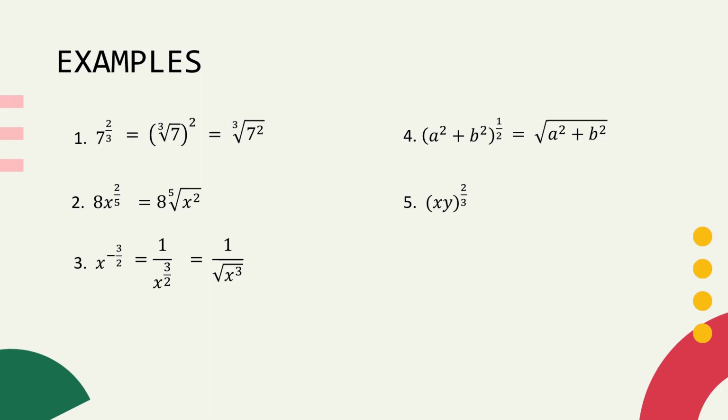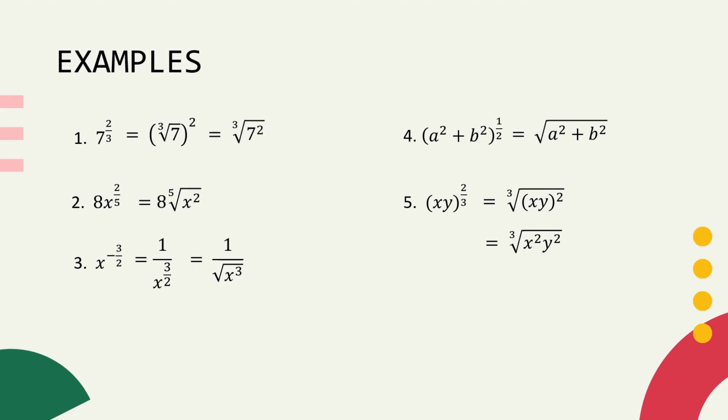So in radical form, this is cube root of quantity xy raised to 2. We apply the power of a product rule inside the radical. Therefore, this will become the cube root of quantity x squared y squared. And that's it for converting expressions with rational exponents into radicals.